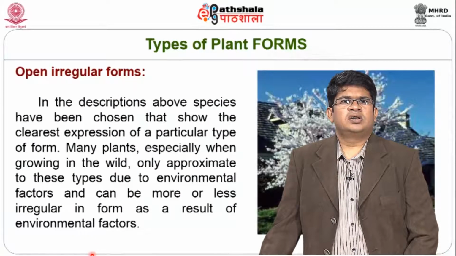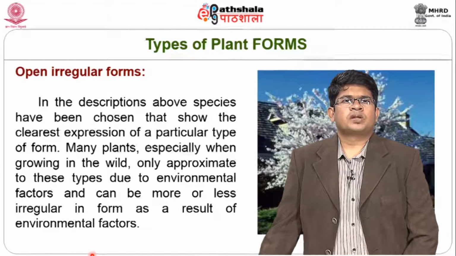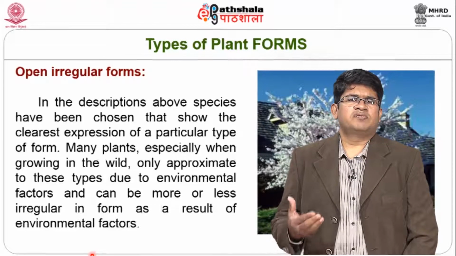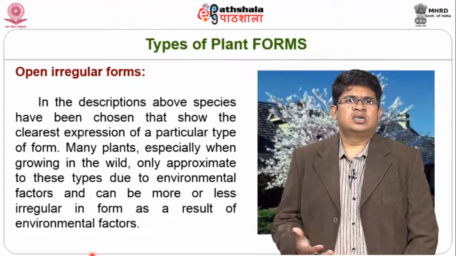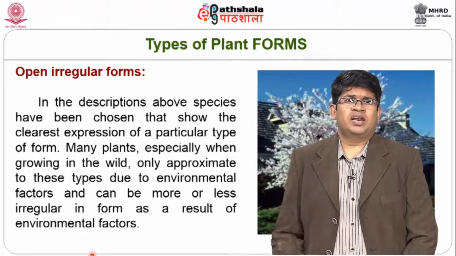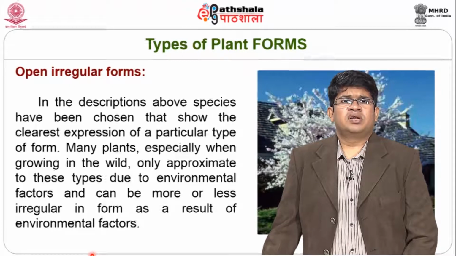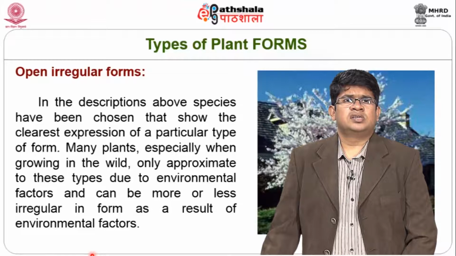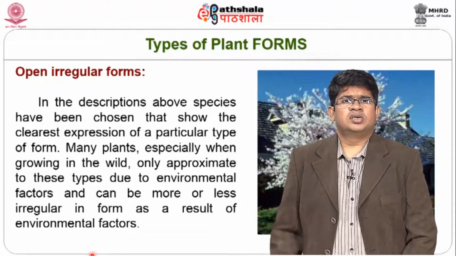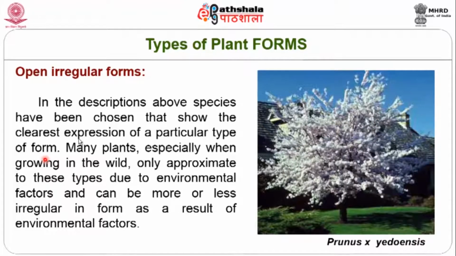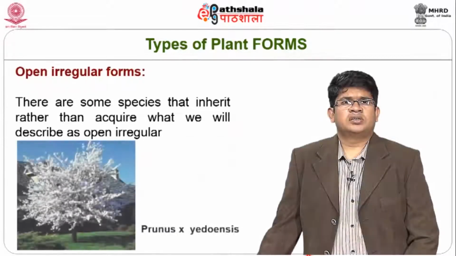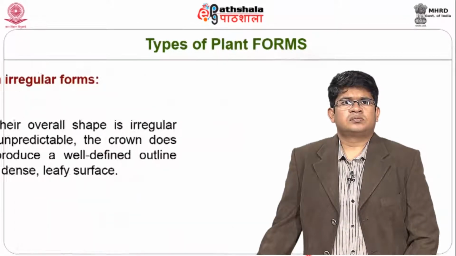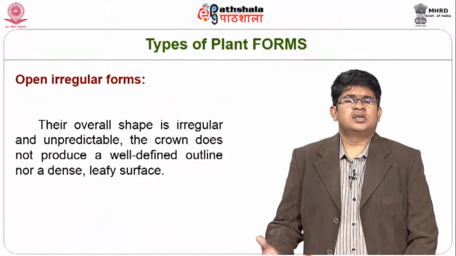Then we have open irregular forms, and these kinds of species don't exhibit any very specific direction, but grow wild. It gives a wild kind of character because of environmental factors or other conditions, as you can see on screen here. Some forms grow very wild, and these are the open irregular forms. So it's irregular, it's unpredictable.